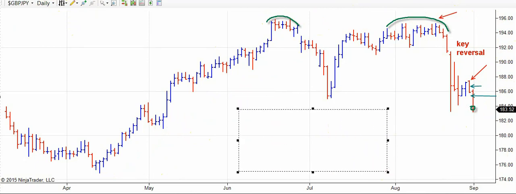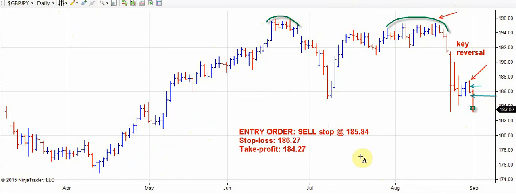Let me just share this with you real quick. So this is what the trade looked like. The entry order was a sell stop at 185.84. We had a stop loss at 186.27. Our take profit was 184.27. So we ended up making 157 pips on this trade.